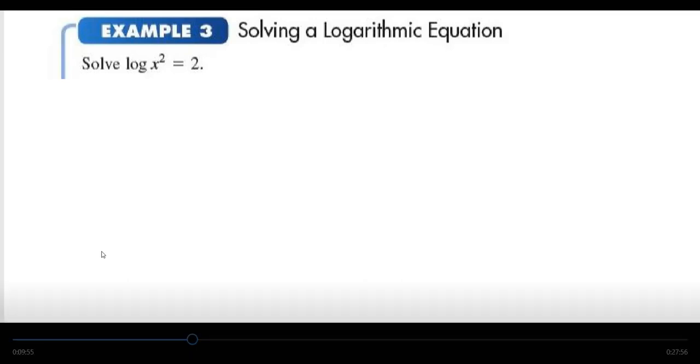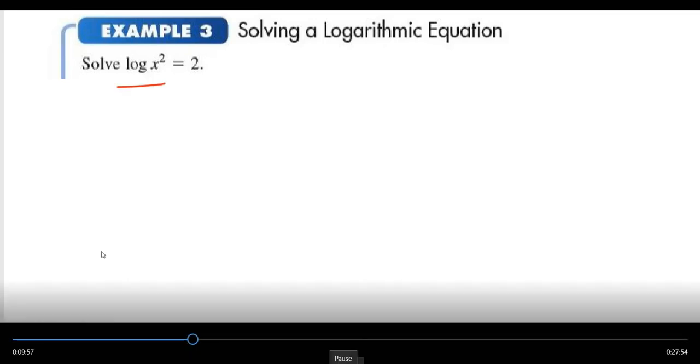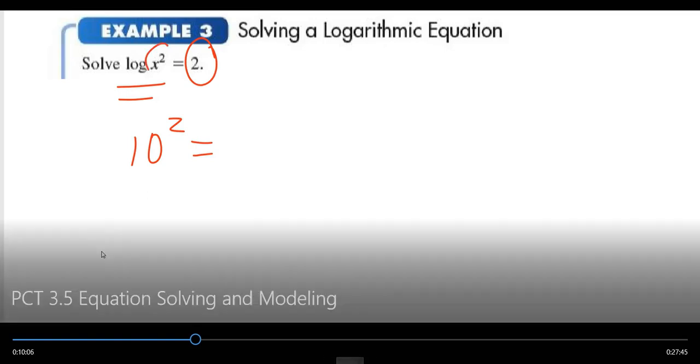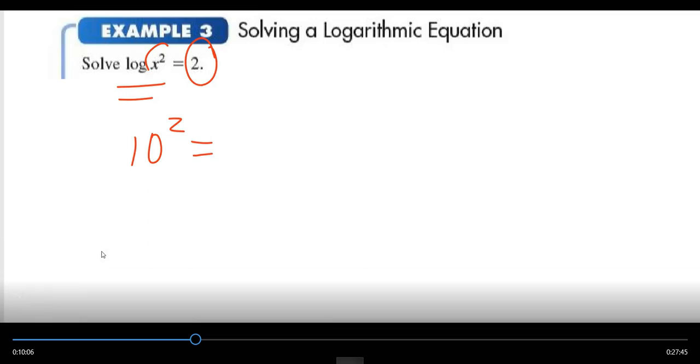We do the same thing we did before. In this case, we're dealing with a common base. The base is 10. The exponent, remember, logarithm means exponent. We should at this point know how to change something from a log to its exponential form, right?